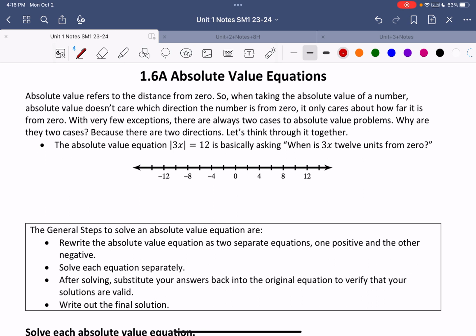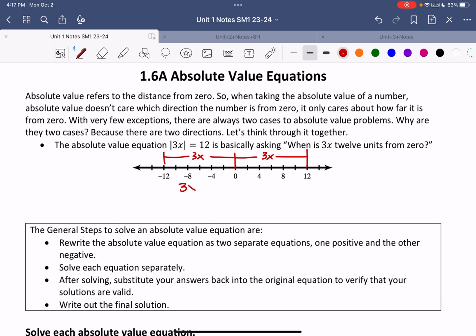So if we are given the absolute value of 3x equals 12, so if we're starting at 0 and 12, right, we want to know how 3x gets to 12. We also want to know how 3x can get to negative 12.